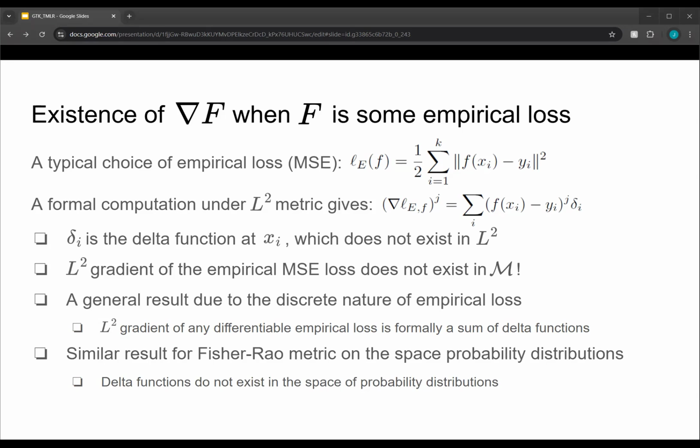We also show a similar result for the popular Fisher-Rao metric for classification functions. Again, the gradient is formally a sum of delta functions, which do not exist in the space of probability distributions. Note that Fisher-Rao is the metric Amari used to derive the original natural gradient.